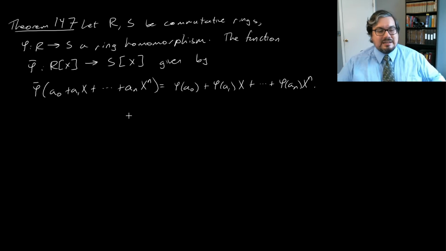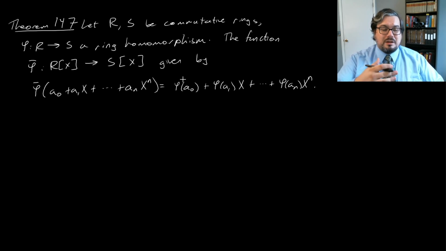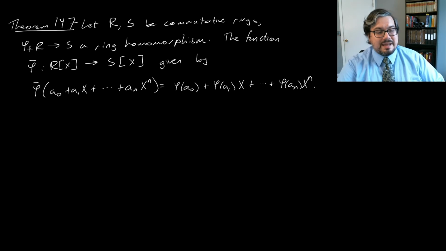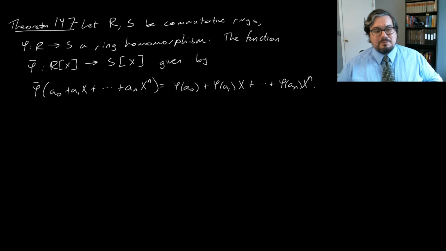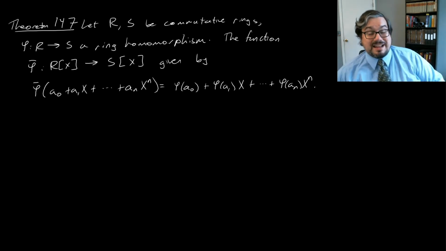So technically this is what we're doing when we move from a polynomial ring over a domain to its field of fractions. In that case, the homomorphism that we're using is the ordinary inclusion homomorphism that takes an element and takes it to the fraction of that element over 1.